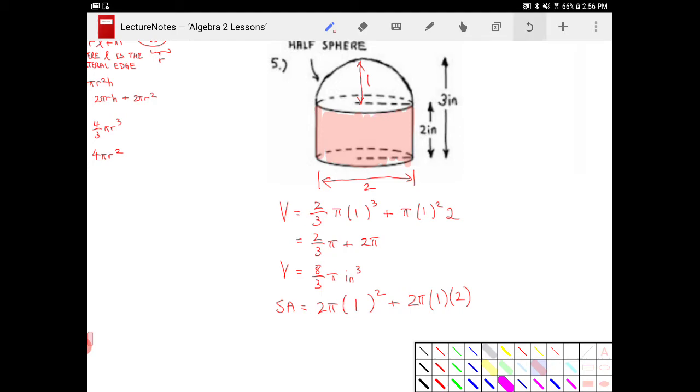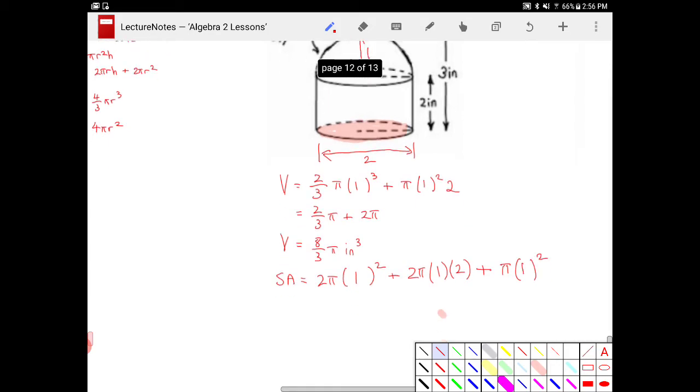But now I gotta find the area of the base, the bottom. What's the bottom? This is the bottom. So that's pi r squared. And that would be pi times r, which is 1, squared.